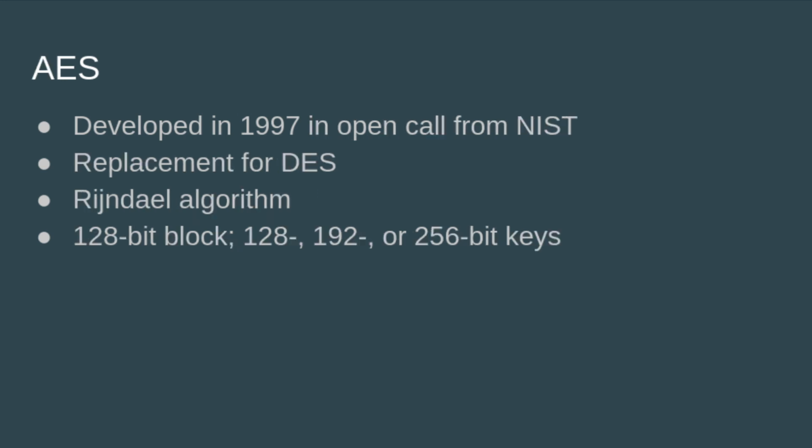The next one we'll talk about is AES, which stands for the Advanced Encryption Standard. This one is in widespread use today. It was developed in 1997 in an open call from NIST, the US standards organization. It was developed by two Belgian cryptographers with no affiliation to any government entity, and it was intended as a replacement for DES.